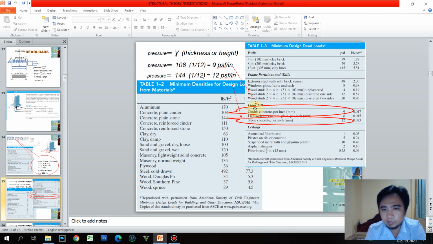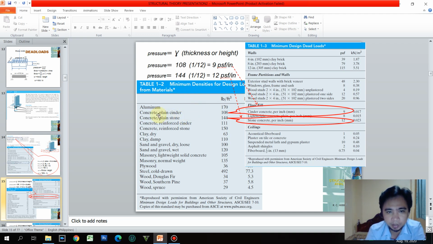So in the floor fill, the intention here is we just wanted to have a shortcut that we just multiply it by the thickness in order to have an immediate calculation of the weight in terms of inches. But it is derived out of the minimum densities or table 1-2.